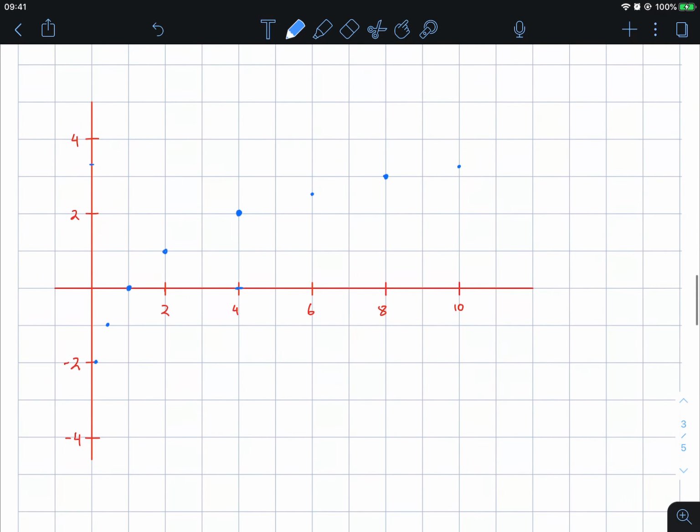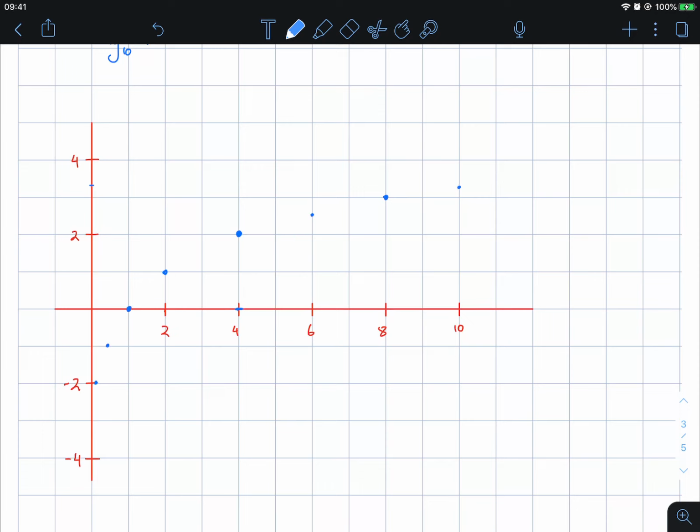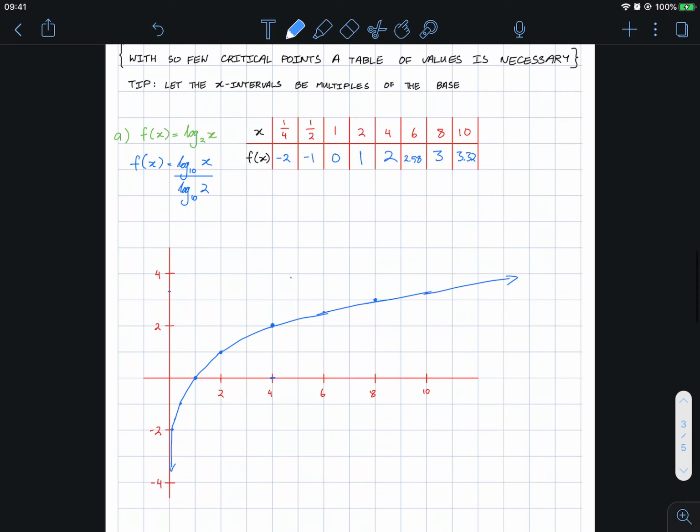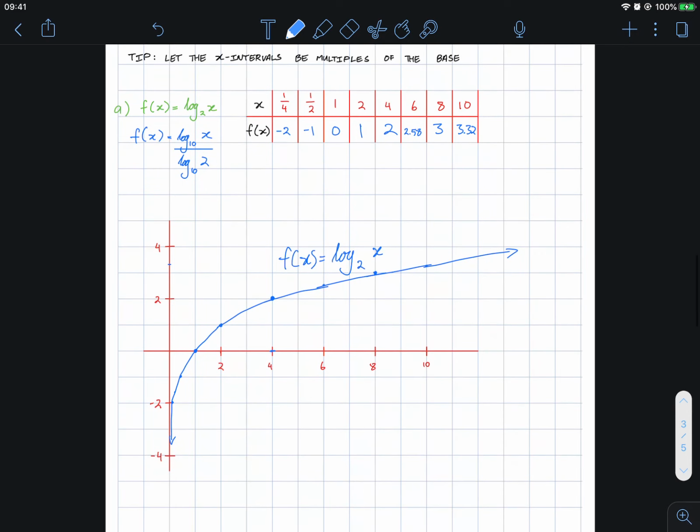I hope you can kind of see the shape that's taking form. Looks somewhat like this. Very difficult to do this by hand because it's nowhere near as straightforward as our other functions. Let's give it a label. f of x equals log base 2 of x.